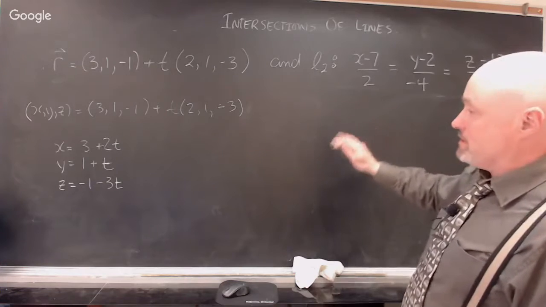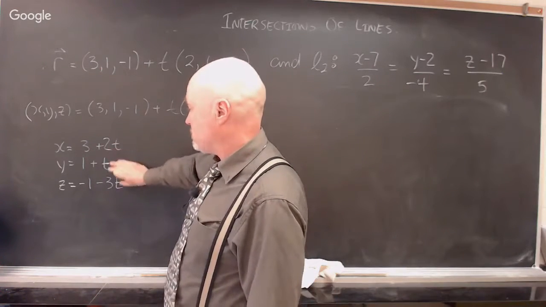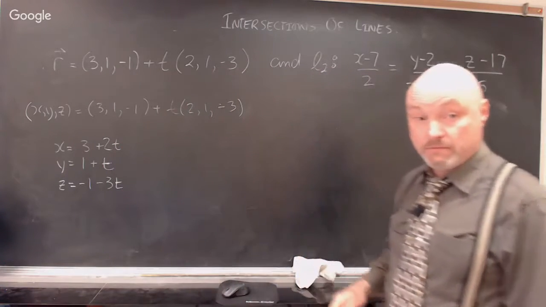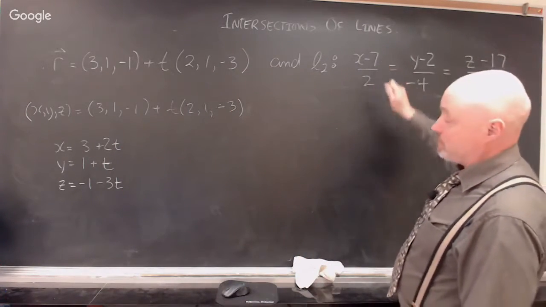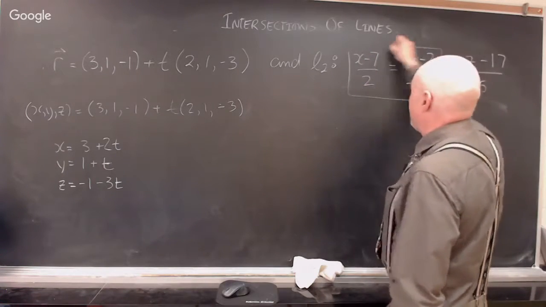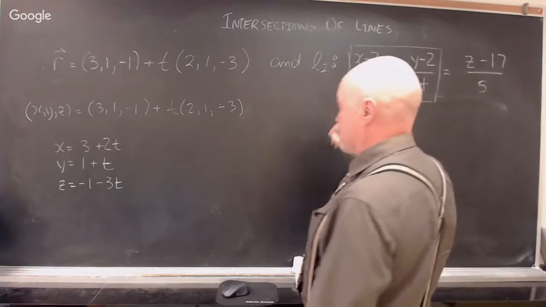And so this second technique involves taking these expressions for X, Y, and Z that are just in that one variable T and substituting them into the symmetric equation. You're going to do it 2 at a time, and then you're going to check your answer using the third equation.